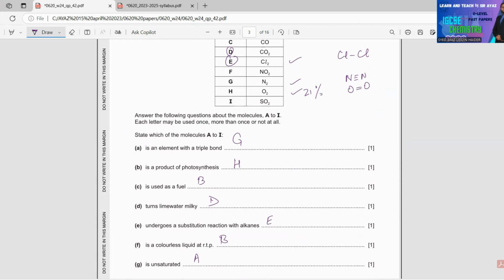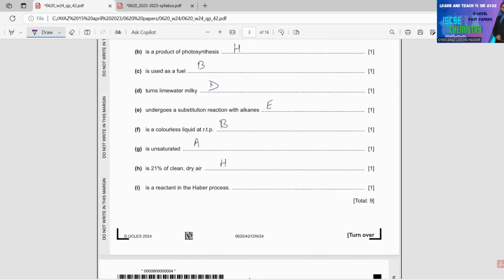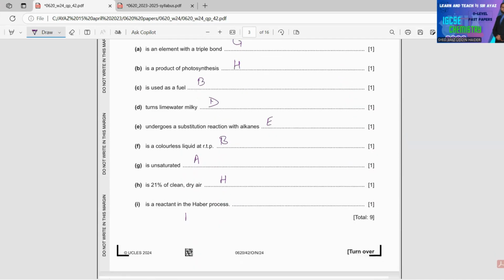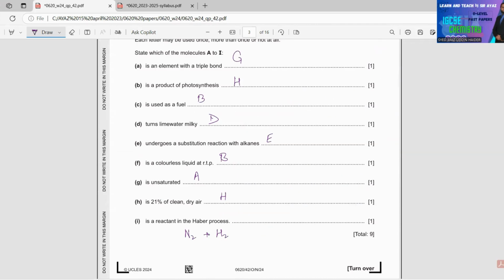So H must be the right answer for this one. I is a reactant in the Haber process. In the Haber process, we have nitrogen and hydrogen as reactants. So we have nitrogen here. So G must be the right answer for this part.